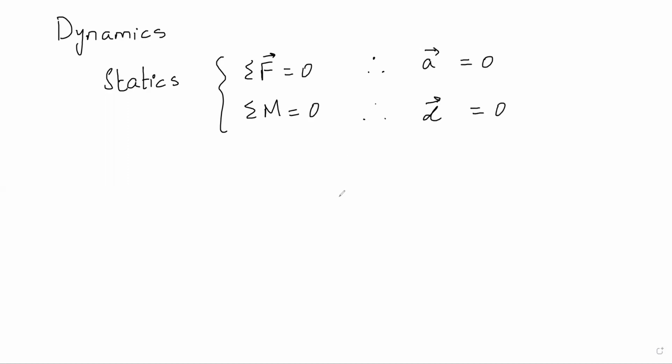Now in dynamics, things will be more fancy. Summation of forces will not be equal to 0, and or summation of moments will not be equal to 0. So either one of them is not 0 or both of them are not equal to 0.